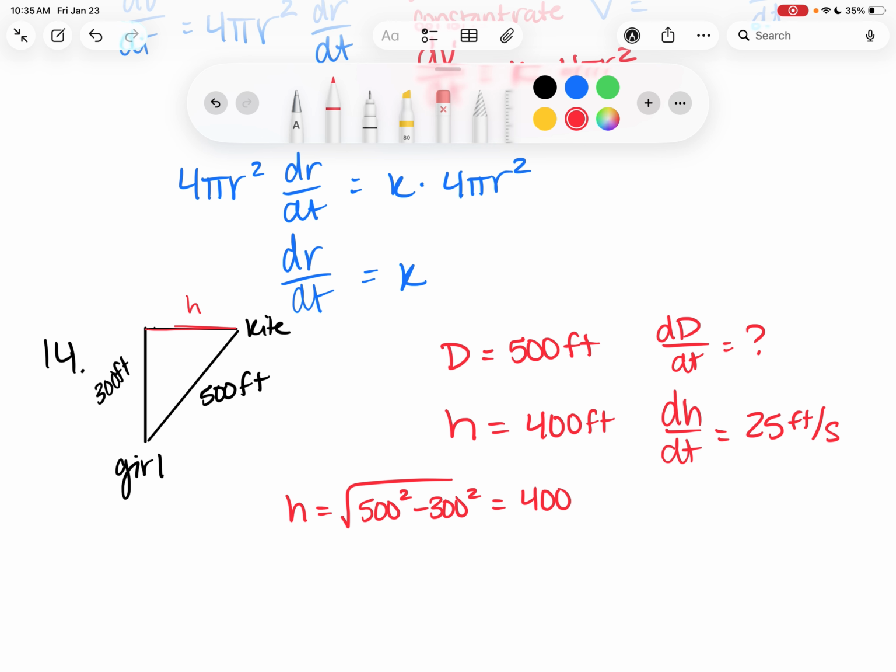And so similarly, I don't necessarily need the fact that the kite is 500 feet away from her other than to solve this value and find what h is, because I'm going to be taking the derivative of the equation, so it's going to be going away.